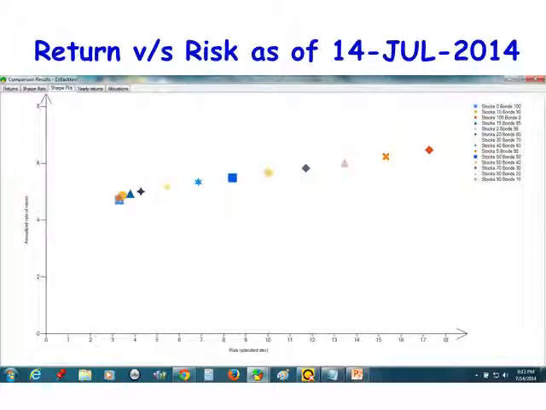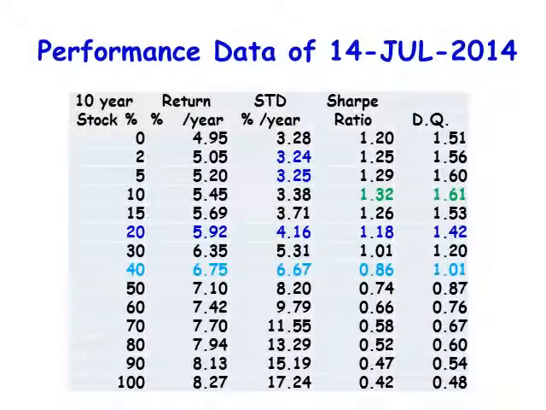Let's see the same. Here's the table for 10-year results done on 14 July 2014. I increase the stock percentage from 0 to 100, and that also means I reduce the bond allocation from 100 to 0. This is the least standard deviation. 3.24 and 3.25 are about similar values.